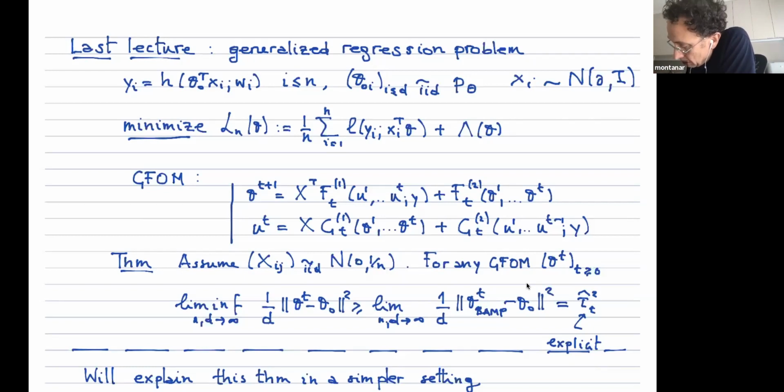theorem, and the theorem assumes that these data are normal, as in my example here. So the matrix X is the matrix with ith row equal to xi. I stated this theorem assuming this Gaussian model for the data.